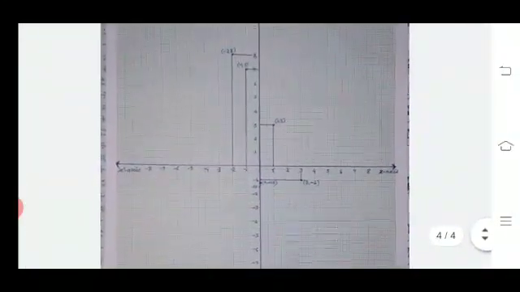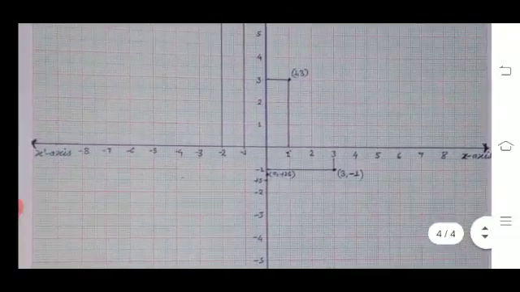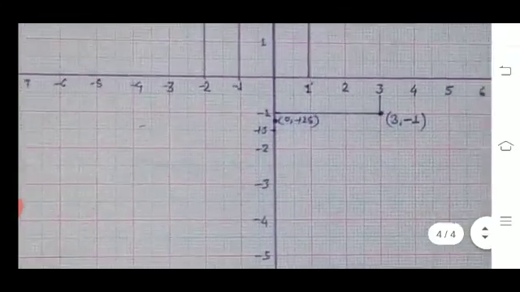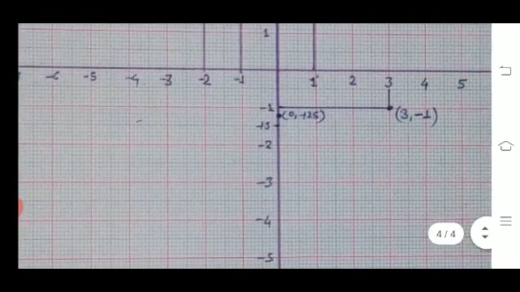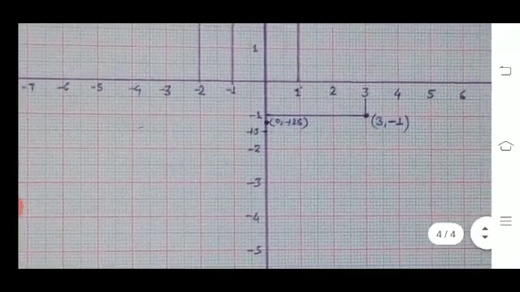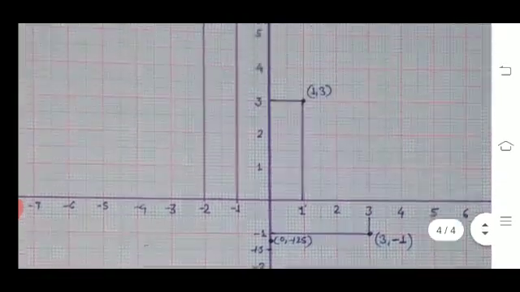We represent first (1, 3), which is here, and (0, -1.5), which is here between 1 and 2, and (3, -1), with 3 on the positive x-axis and y on the negative axis, and two more.